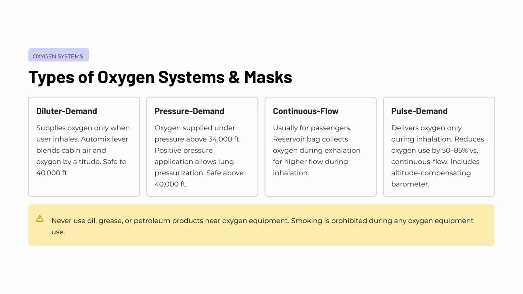Regardless of which system you are working with, 2 safety rules are absolute. Never allow oil, grease, or any petroleum-based product anywhere near oxygen equipment, and smoking is strictly prohibited whenever oxygen equipment is in use. Oxygen under pressure and any ignition source is an extremely dangerous combination.